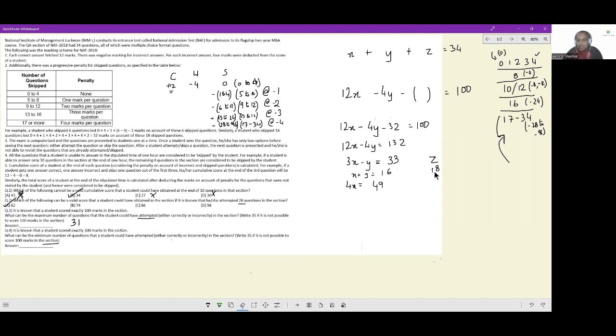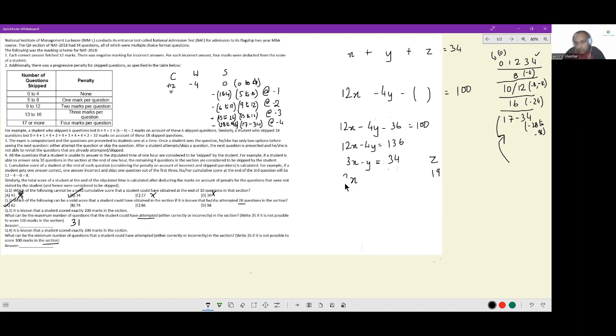So let's see if we can do it for 19. If it is 19, we'll get minus 36 here, 136 here. 136 divided by 4 is 34. Skipped questions are 19.